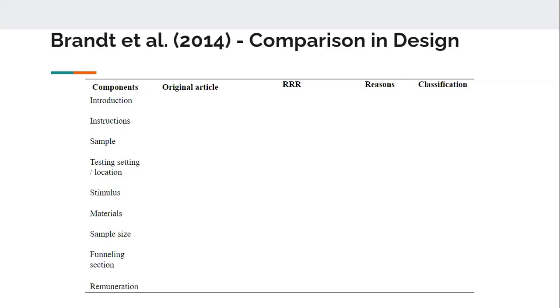So there are 4 columns here: original article, RR, the reasons for the difference if applicable, and the classification. There are 3 kinds of classification. First, accept, which means no difference. Close, which means there's a slight difference in design, and different.